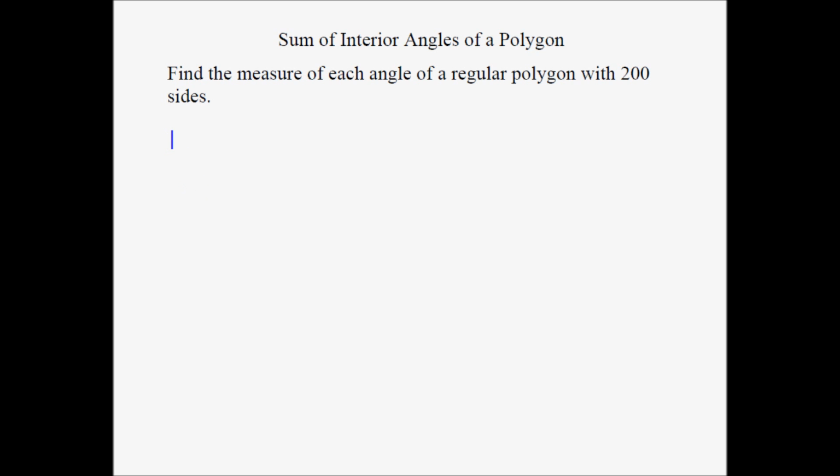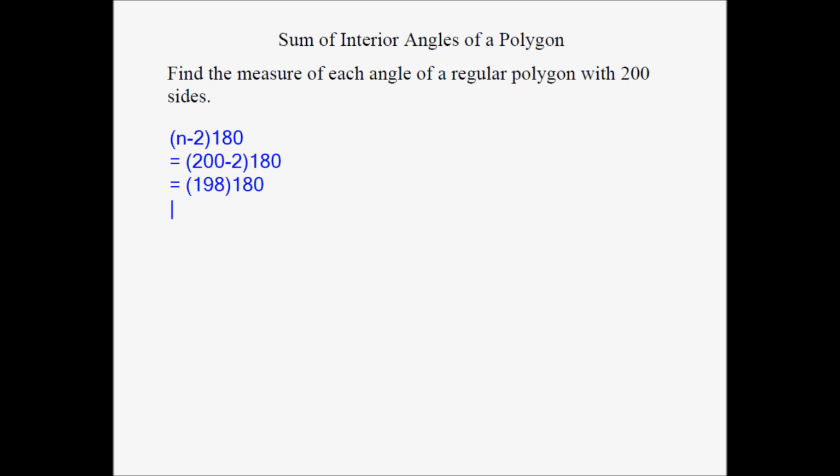our formula is n minus 2 times 180 degrees. N happens to be 200. And 200 minus 2 is 198.